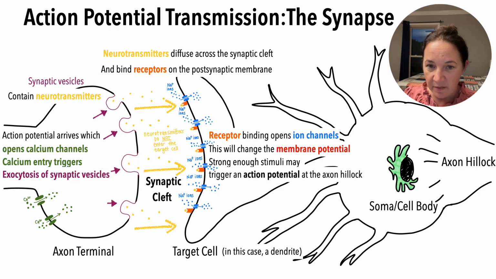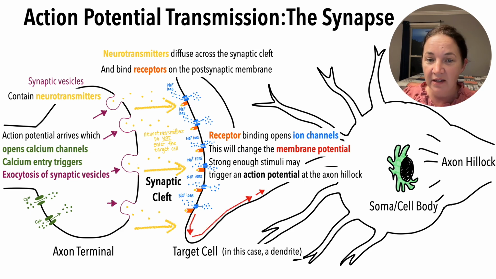If the stimulus is strong enough, it might be able to trigger an action potential at the axon hillock. So for example, if it's sodium that's coming in and it makes the membrane more positive way out there in the dendrite, if that signal can survive all the way to the axon hillock and is strong enough, then the axon hillock will fire an action potential.